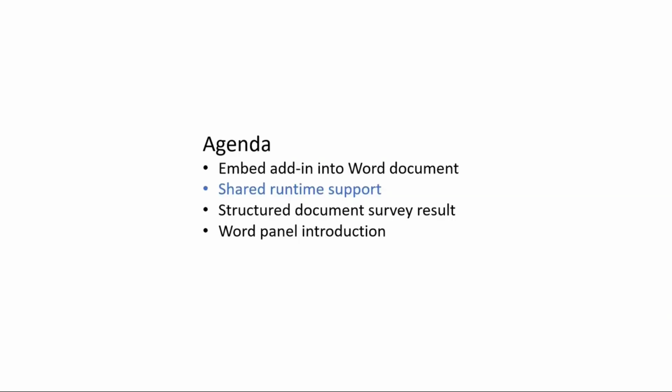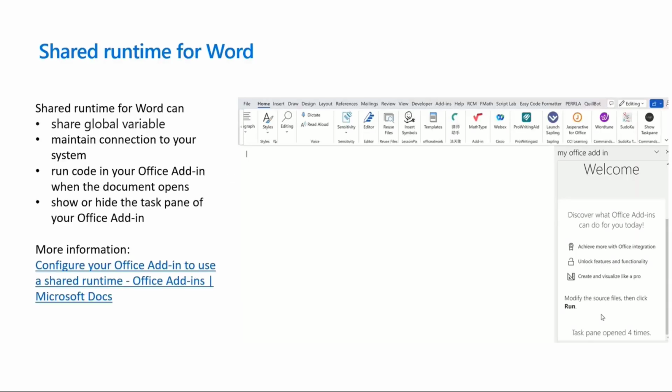The second one is shared runtime support. Shared runtime support has been available for a while for Excel, and in July, we brought this capability to Word. With shared runtime, you can share variables, maintain connections to your systems, or share anything between different components of your add-in.